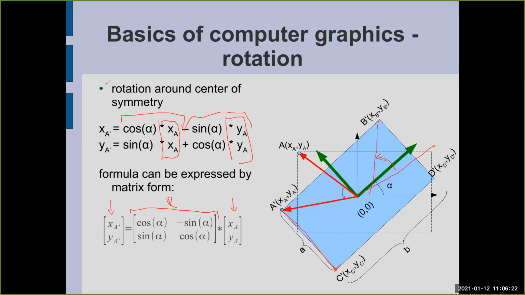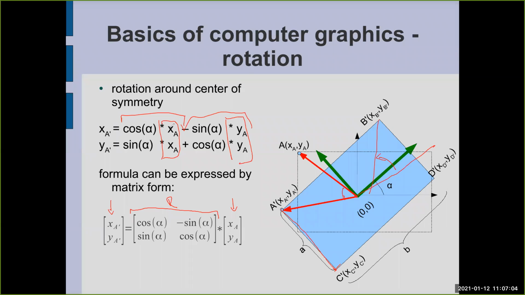Look, these are different methods of representing this expression, but there are some benefits. If I have a rectangle here, I have to repeat this process 4 times. If I have a polyline, I have to repeat it more times. The rotation matrix doesn't depend on the vertex. It depends only on the rotation angle. So it's enough to calculate it only once at the beginning.